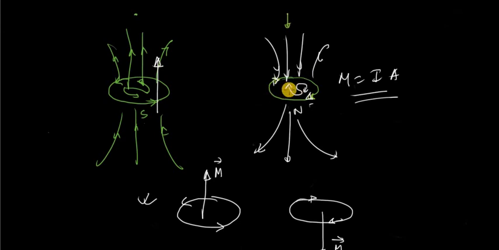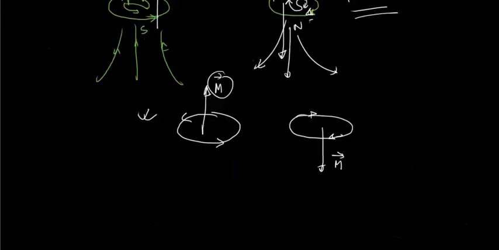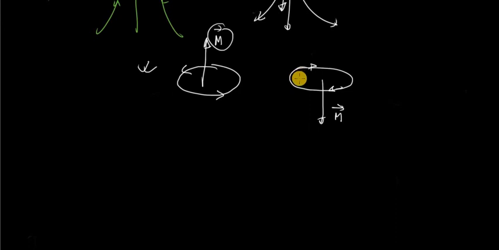When it is clockwise, the upside is the south pole and the downside is the north pole, and the magnetic dipole moment is again from south to north. That's why anti-clockwise current gives the magnetic moment vector upward, and clockwise current gives the magnetic dipole moment downward. You have to understand these things.